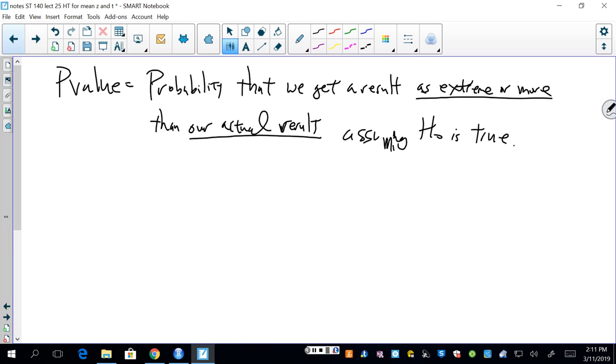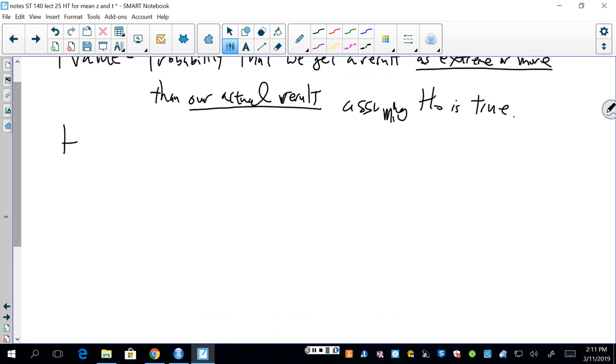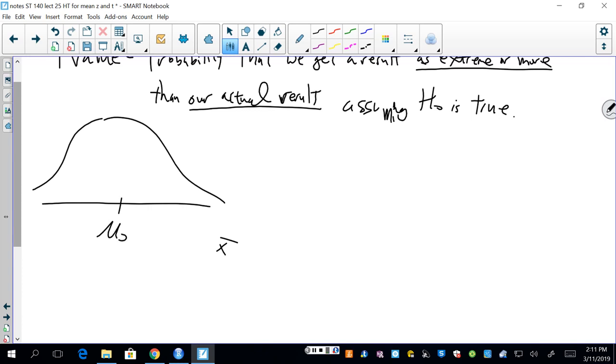Right? So let's begin this way: your sampling distribution of x bar, and here's the null hypothesis. And we're going to observe x bar, that value there in our sample.